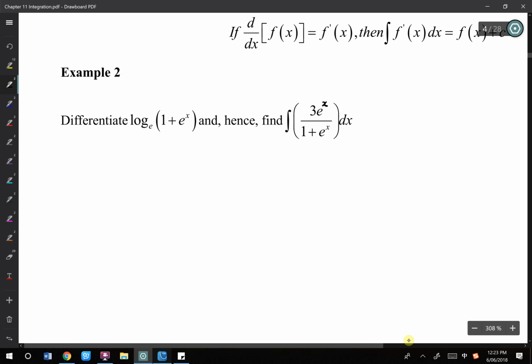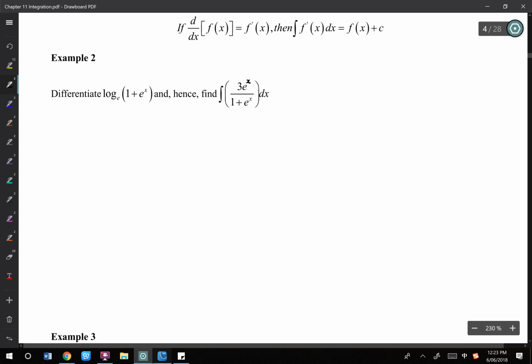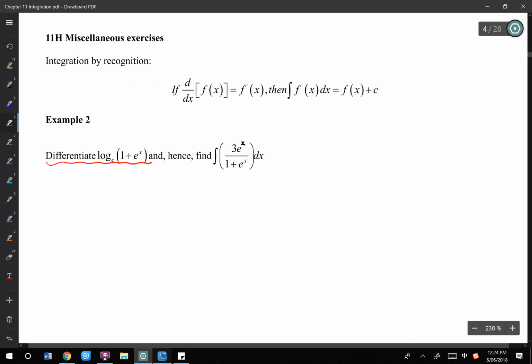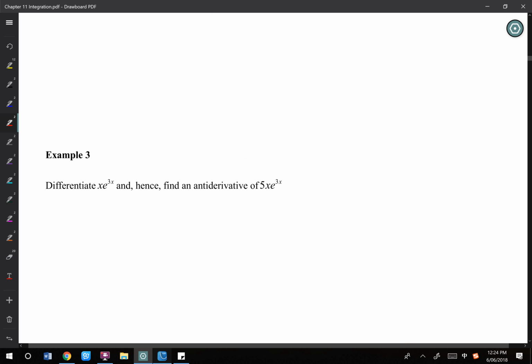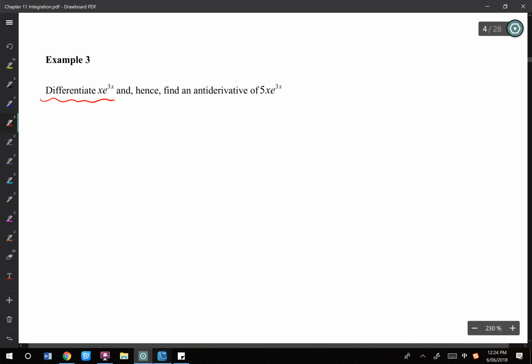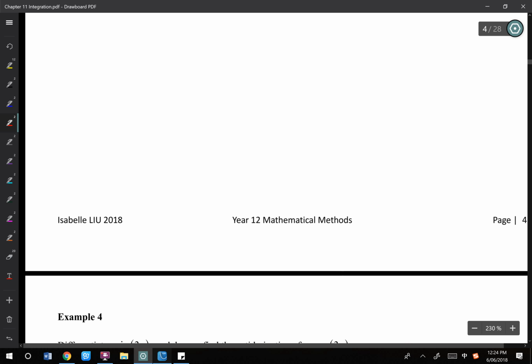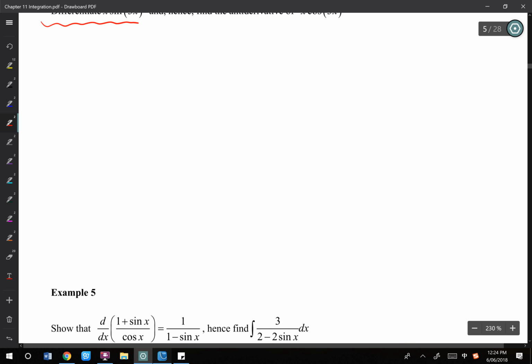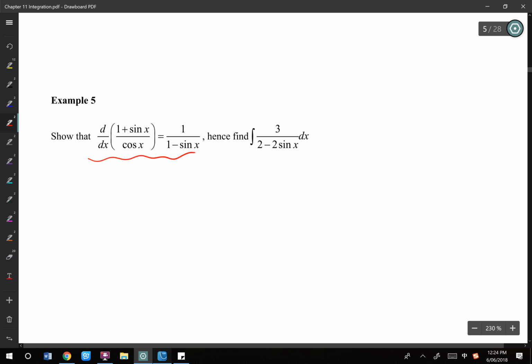So what I want you to do is, not antidiff, I want you to differentiate that. See here? I want you to differentiate that, and I want you to show that.